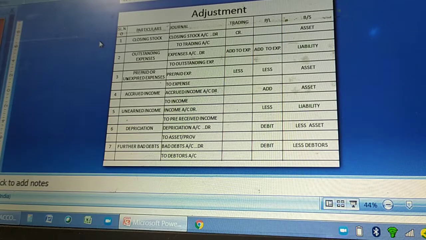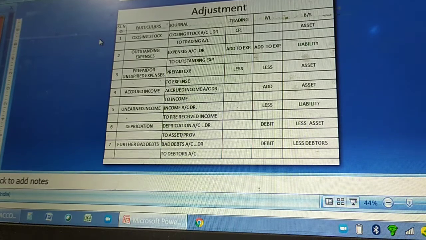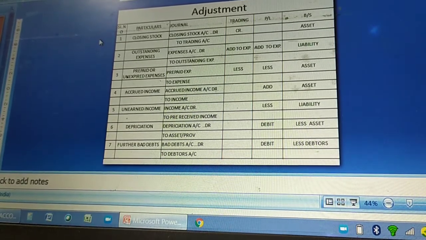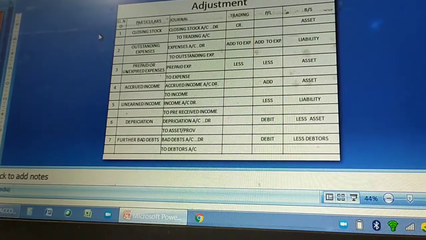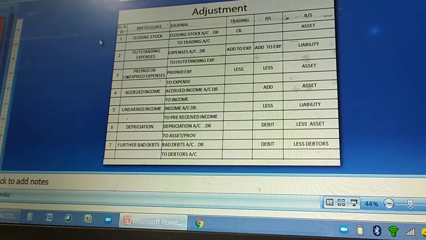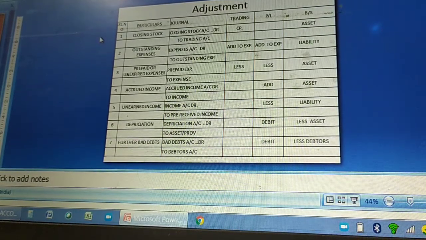Similarly, expenses are accounted in the books when they are incurred, whether paid or not. When there is a discrepancy, they are adjusted.